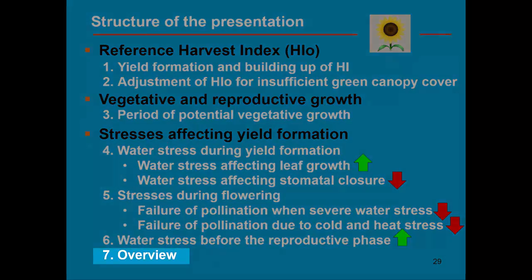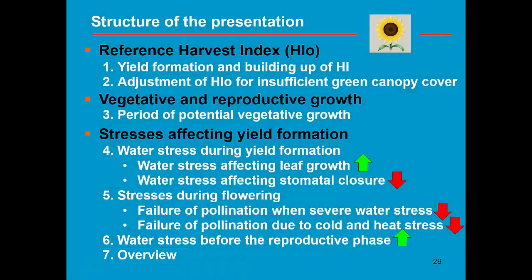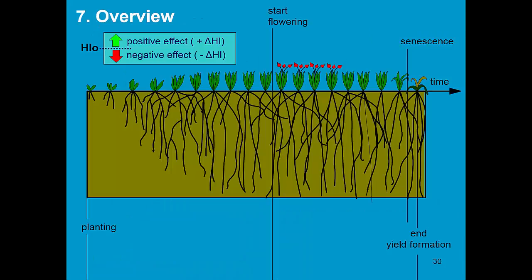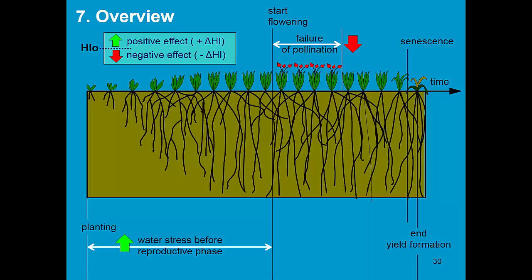Let's now give an overview of all the stresses affecting the yield formation. If we have water stresses before the reproductive phase, this might result in a positive increase of the harvest index. Stresses, water stresses or temperature stresses during the flowering might result in a failure of pollination, and this has a negative effect on the harvest index.